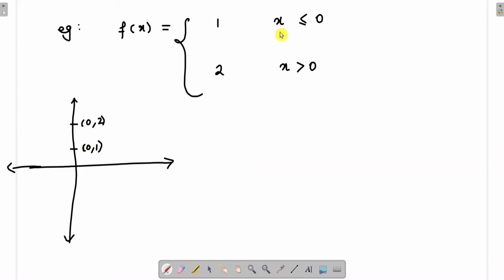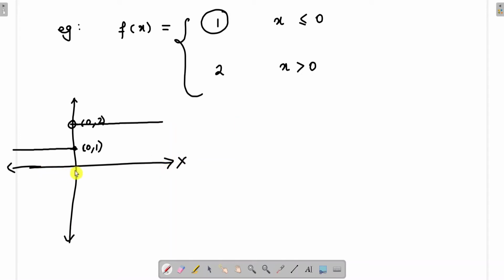When x is less than or equal to 0, the value of the function is 1, so that is a shaded circle, and then we have this constant function 1. When x is greater than 0 we have a hollow circle, because 0 is not included, and then the constant function 2.